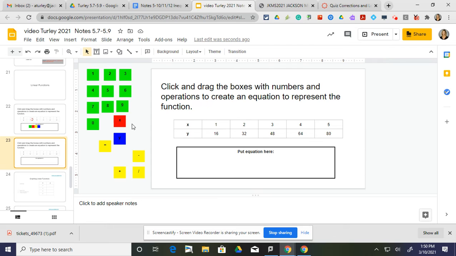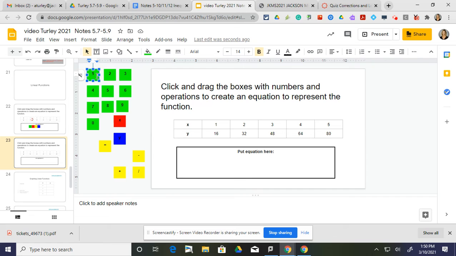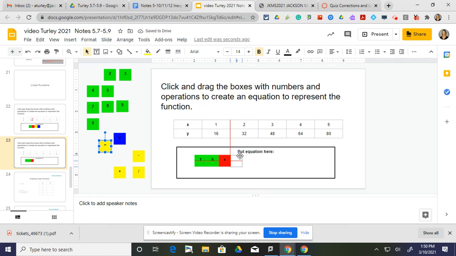So we are multiplying the top row, which is our x, by 16. So let's drag down 16 times x equals the bottom row, which are our y's, our dependent variables.